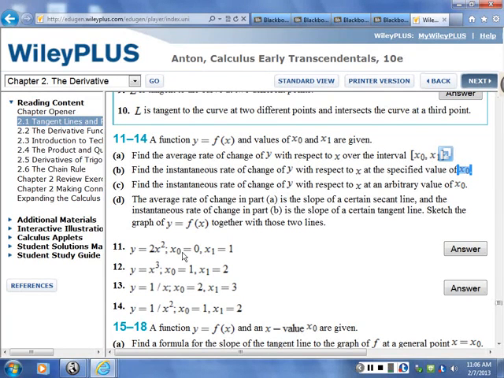You graph the function. The slope of the secant line, you're just going to connect those 2 points on the function, right? The slope of the tangent line, in this case, at this value, it is 0, right? Because if I plug it in B, I get 0. So it's the x-axis. But it won't always be that way.